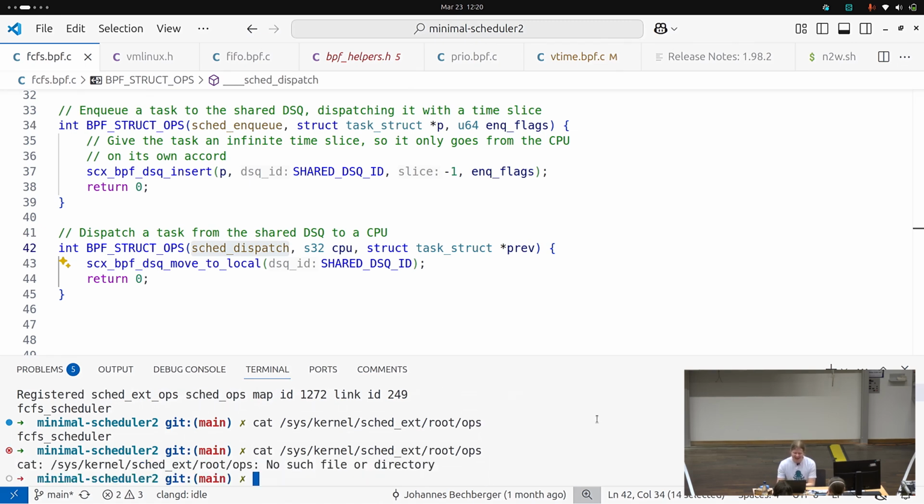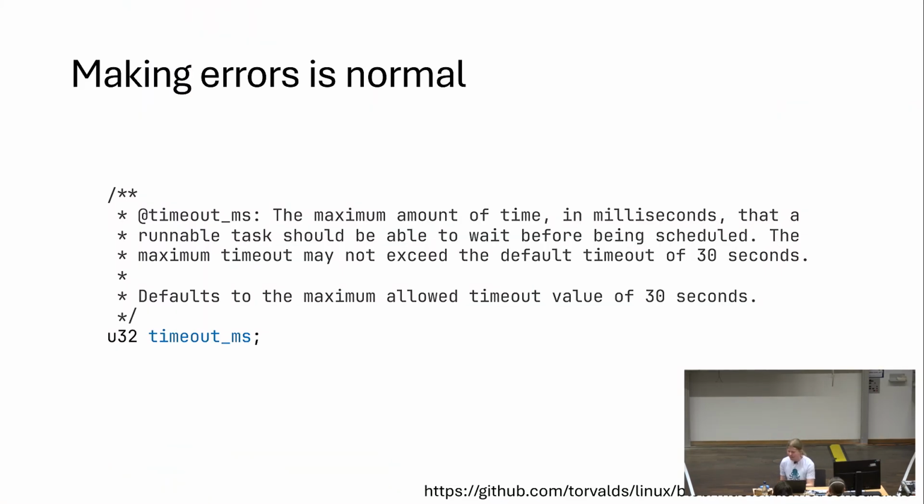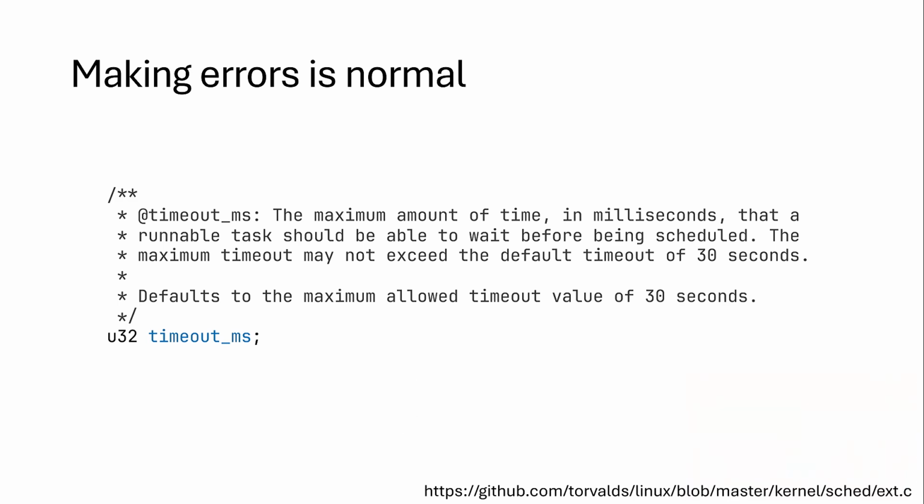And that's the cool thing: we did something wrong, but as you see here, it's an excerpt of the kernel source code, and if you're doing SchedX, you're looking a lot at kernel source code. Essentially, you can give a timeout, and every time a process waits more than 30 seconds in a queue, from enqueuing to dispatching, it terminates your scheduler.